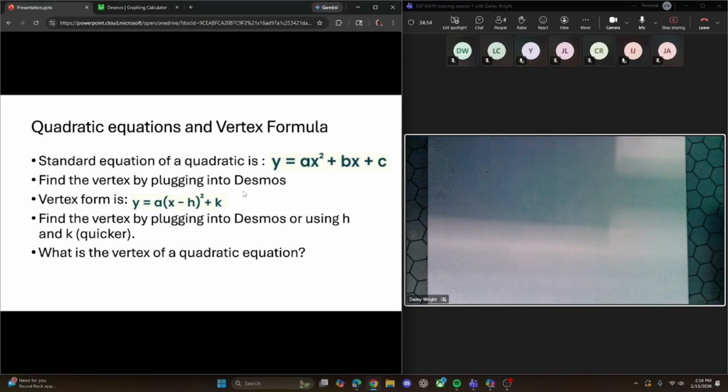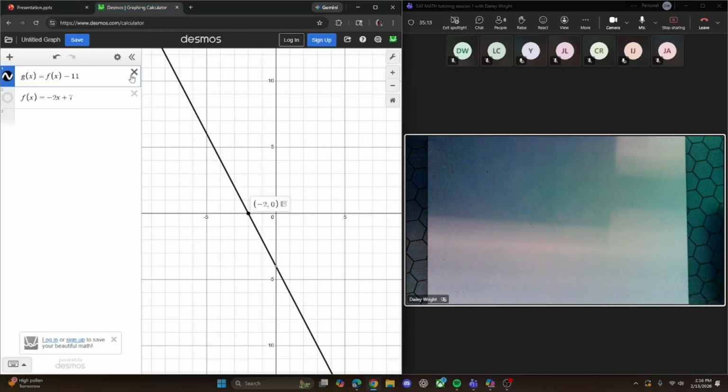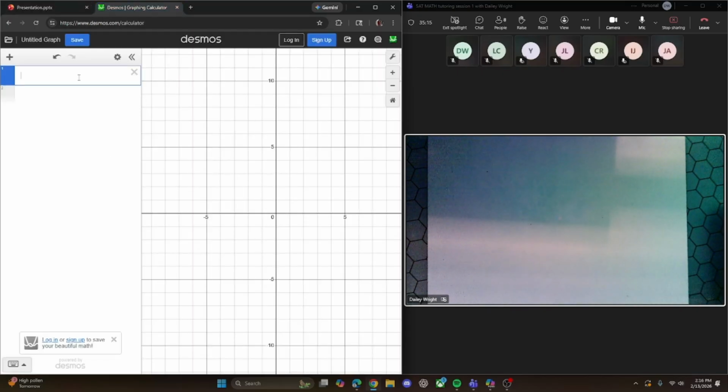And to find the vertex for this, because finding the vertex is going to be the most important thing for the SAT for the most part when you're doing quadratic equations, you would just plug the equation into Desmos. Say I had like 5x squared plus 4x plus c, and I'll show you guys what a vertex looks like right now.